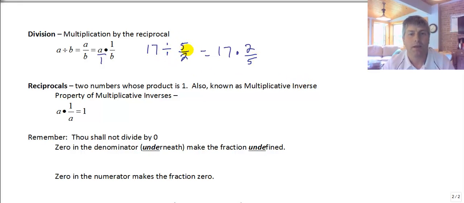Division is multiplication by the reciprocal. So we multiply by the reciprocal, and that's 34/5.